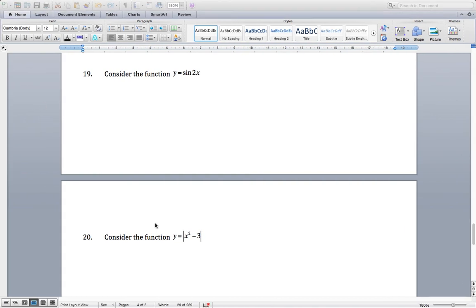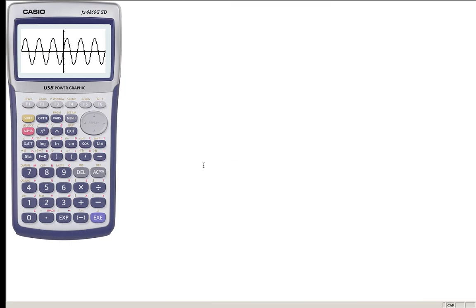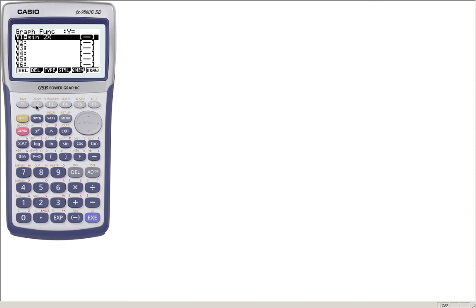Okay, what if you need to graph this absolute value function, y equal to absolute value of x squared minus 3? It's very simple. Exit. So let me delete this part. Now press option, students, this one, and then you can see here NUM number and then absolute value.